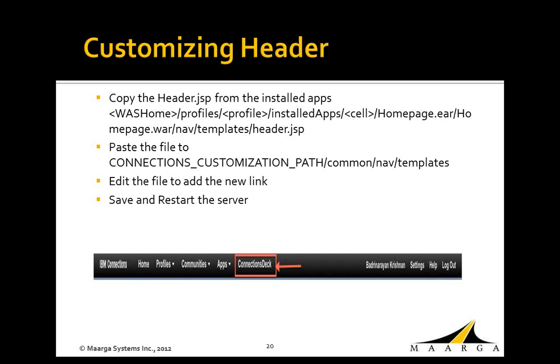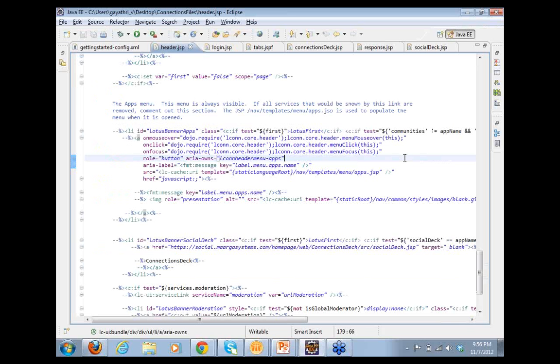For example, in the case of the header, we saw how to add a link at the highest level. You can also change the menu items under, say, the apps, and add a new link there. What you do is customize, if you look at the code there, another file called apps.jsp that's there under the nav templates menu folder.